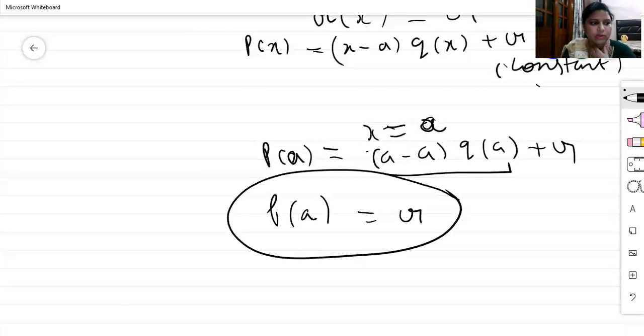This is the remainder theorem. So what is the remainder theorem? Let p(x) be any polynomial of degree greater than or equal to 1 and let a be any real number. If p(x) is divided by the linear polynomial x minus a, then the remainder is p(a).